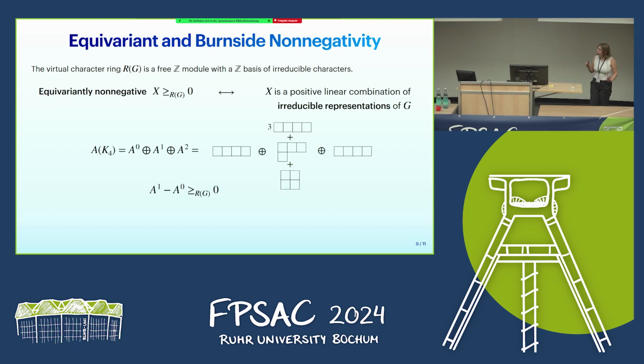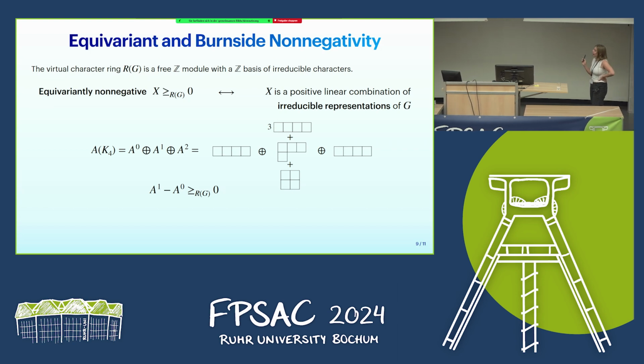So we saw briefly the braid matroid on 4 elements. As representations, it looks like this. And so I can say that the first graded piece minus the 0th degree piece is equivariantly non-negative because I have 3 copies of the trivial representation, and I'm subtracting only 1.